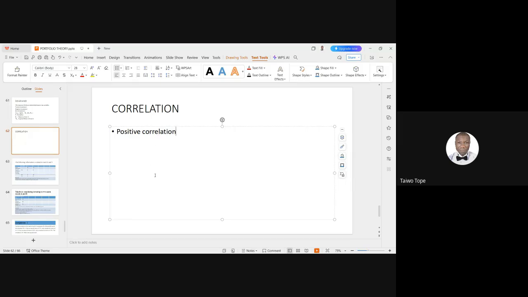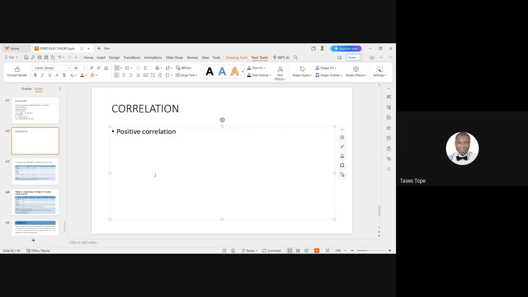They move upward and downward together in a portfolio. That is positive correlation. For example, shares in the same industry would have a high positive correlation, and they will be affected by similar events when you have your investment in one particular industry.